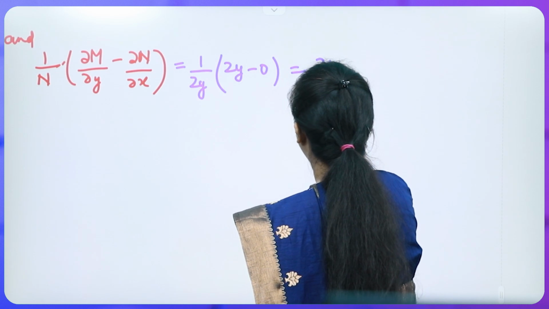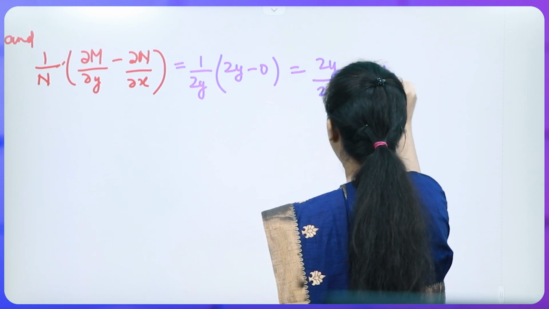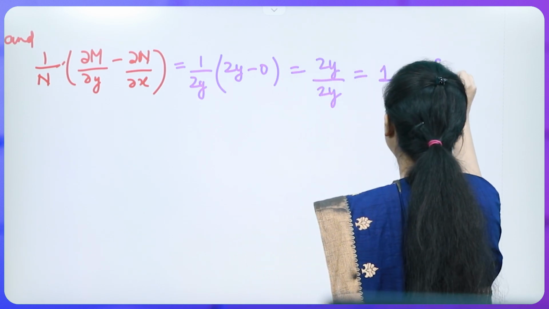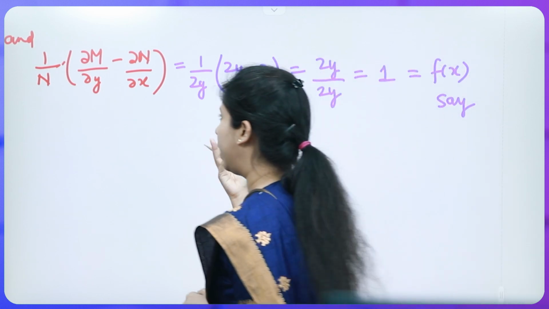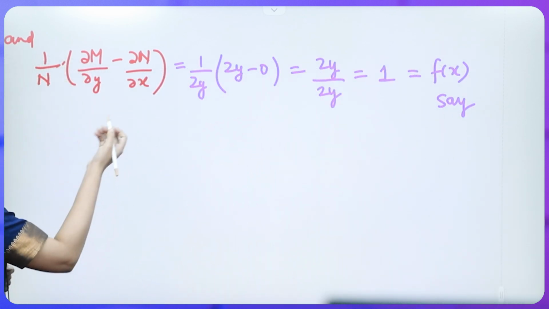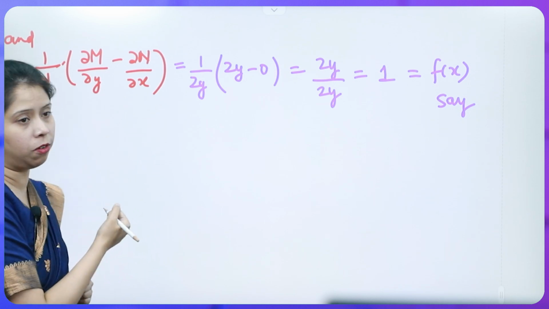On simplifying, we get 2y divided by 2y, which is 1, which can be taken as a function of x. We are assuming this as a function of x. 1 is a constant, we can assume it as x raised to the power 0.